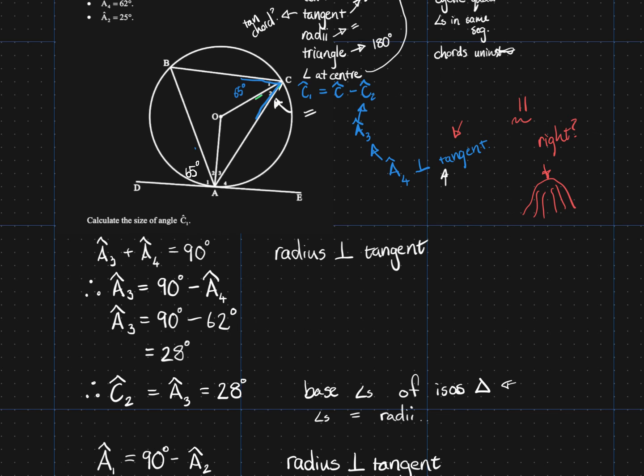We also know that this tiny angle over there and that one over there is 28 degrees and 28 degrees. So that means if we want to figure out what C1 is, let's just use red. We're going to take the 65 degrees and subtract the 28 degrees. I hope it's easier to see.